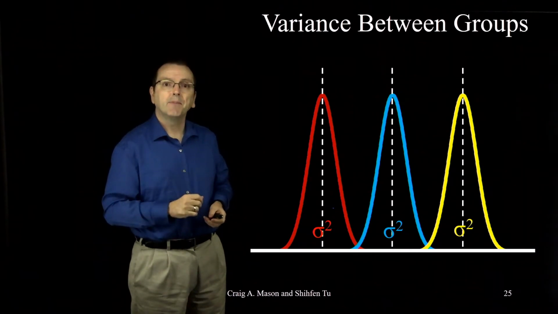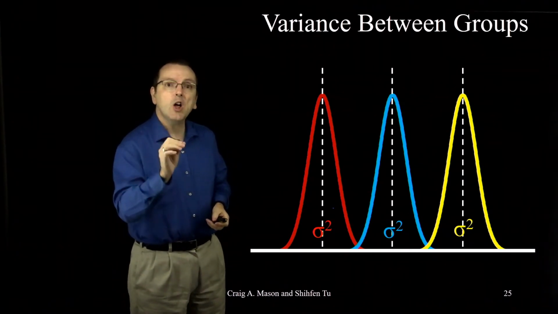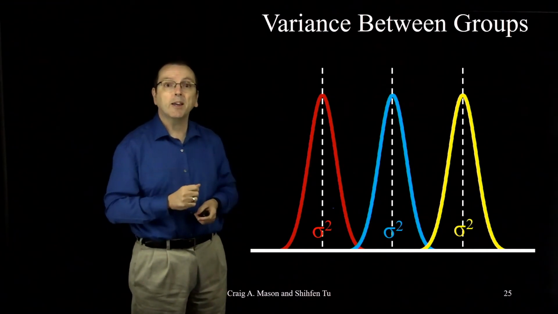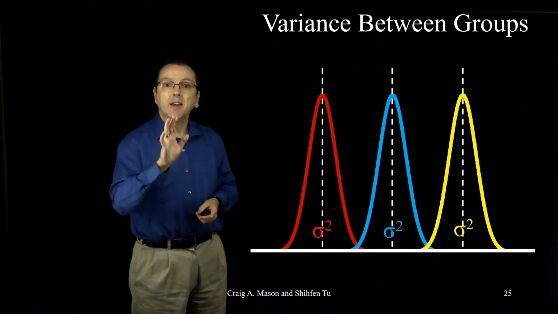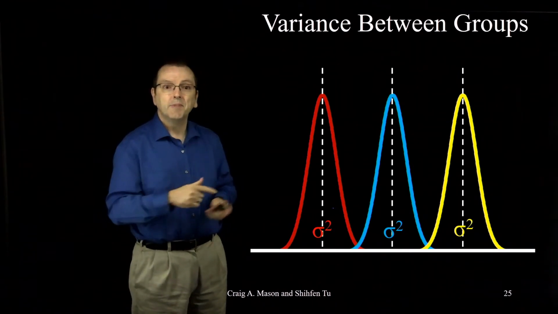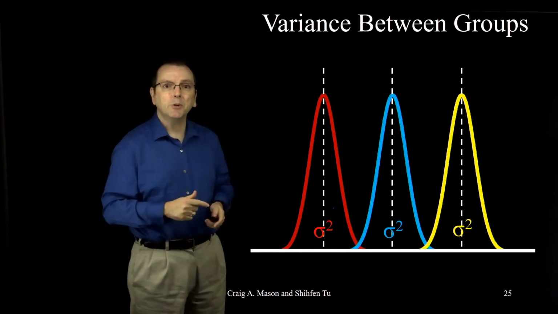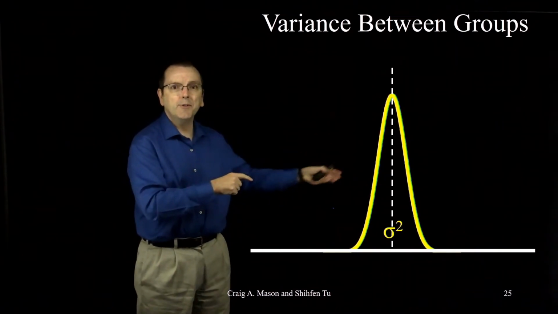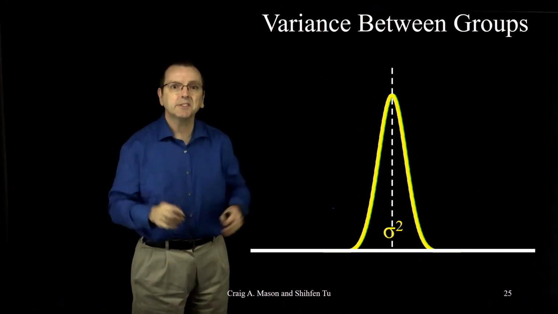Well, if the null hypothesis is that the means of the different populations are all equal, then if the null is true, these populations would look something like this. No difference in the means, no group differences.